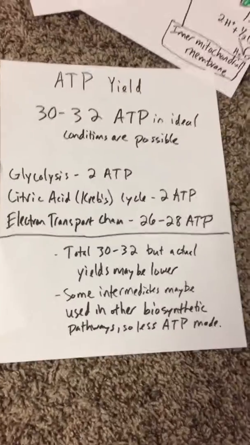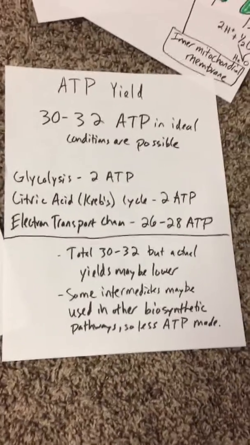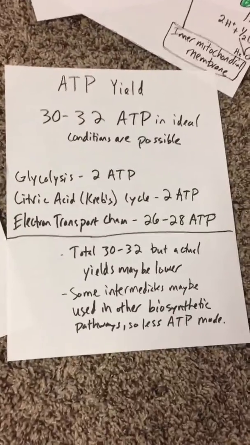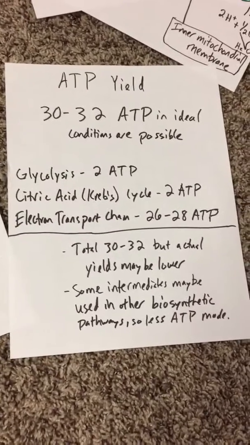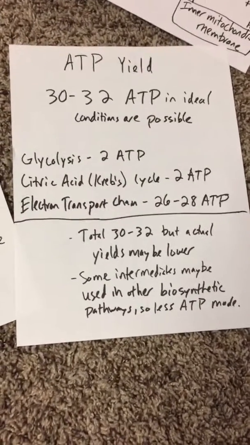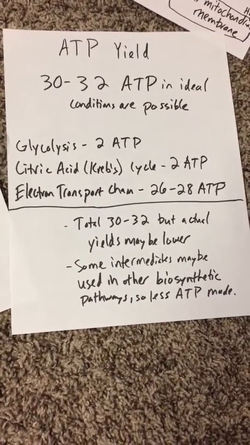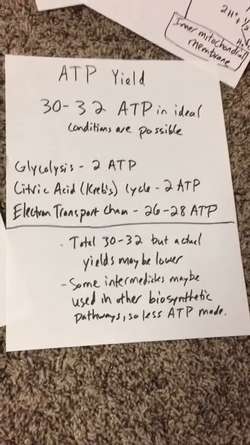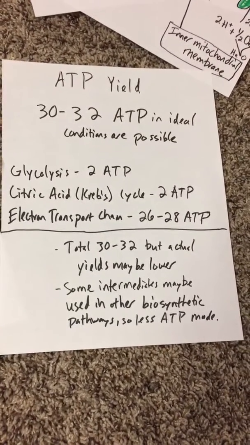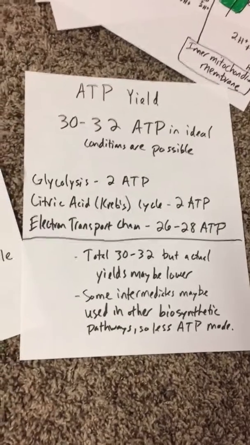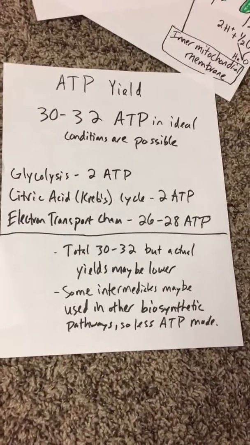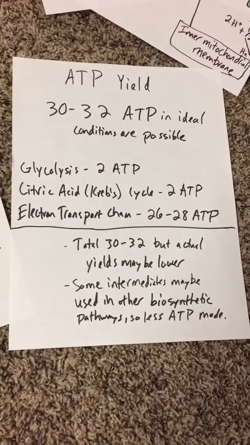Our cells are moving. We're feeling good. Our heart is beating. We have energy to do things. We've used this simple little sugar, a simple sugar called glucose, and we've done all of this. It's very complex. It's very interesting. It's kind of amazing that scientists could really figure this out.